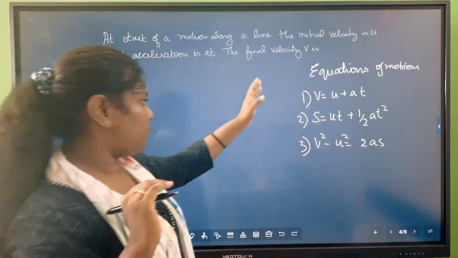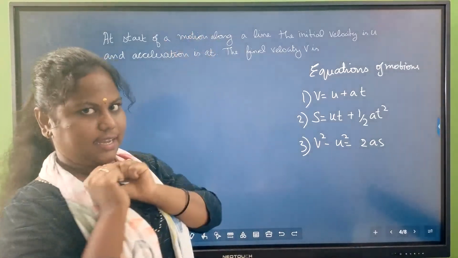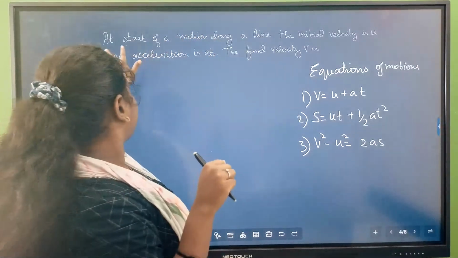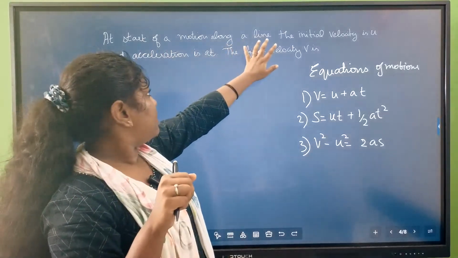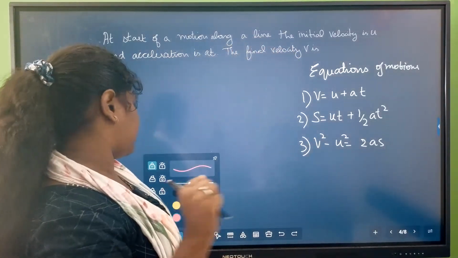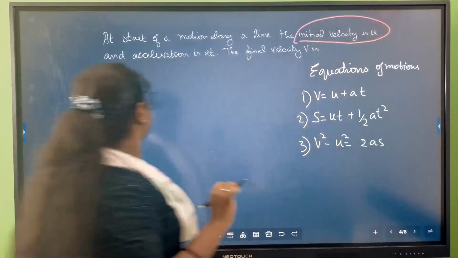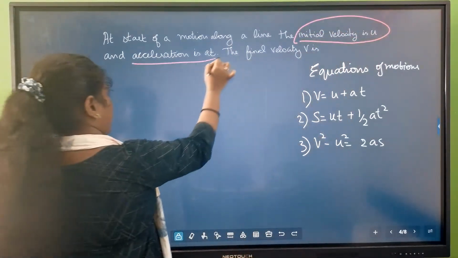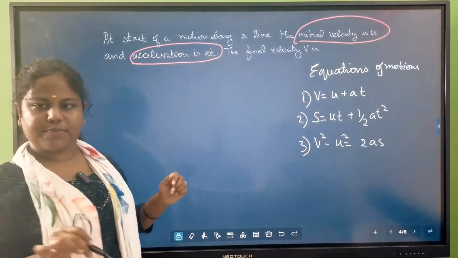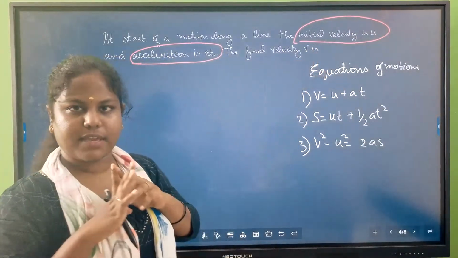இந்த மூணு ஈக்குவேஷன்ஸ்ல எதோட நம்மளோட question ரிலேட் ஆகுது சொல்லி பார்ப்போம். ஓகேவா? இந்த question: at start of a motion along a straight line the initial velocity is u. என்ன இன்ஃபர்மேஷன் கொடுத்திருக்காங்க பார்க்கலாமா? Initial velocity u. Acceleration is at. So acceleration with respect to time is at. நமக்கு என்ன வேணும்?